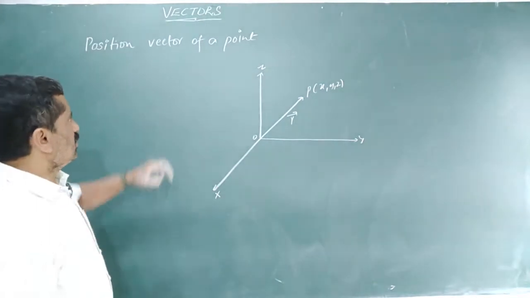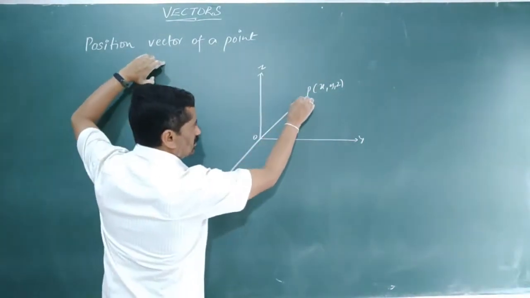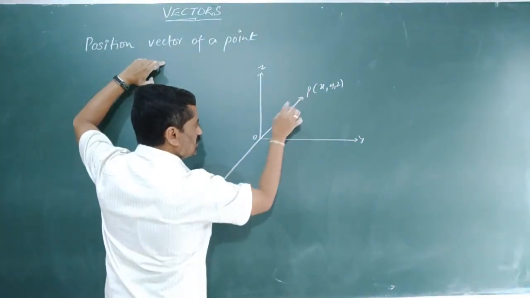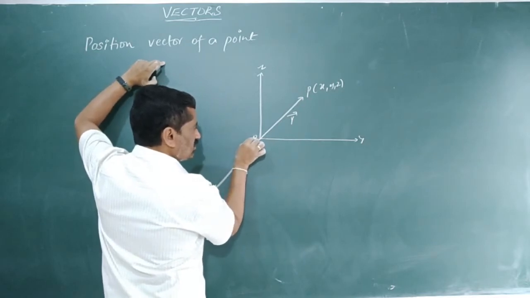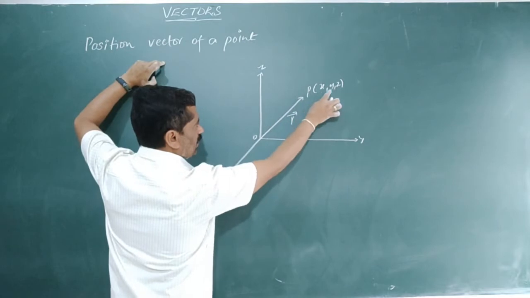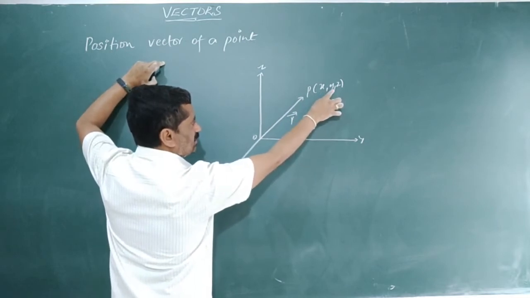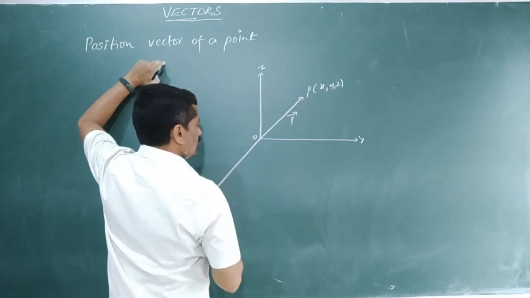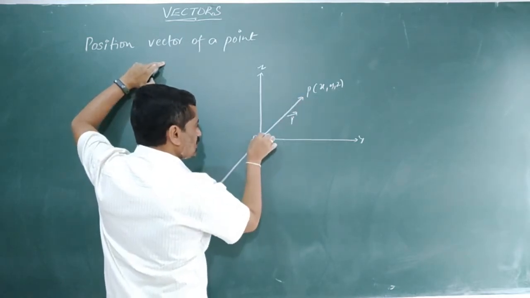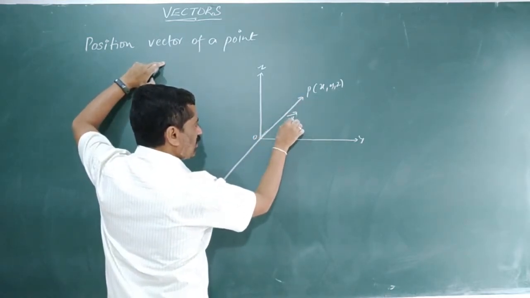Then the position vector of point P with respect to origin. Let O be the origin. Let P of x, y, z be any point. Then usually this is represented as R bar.